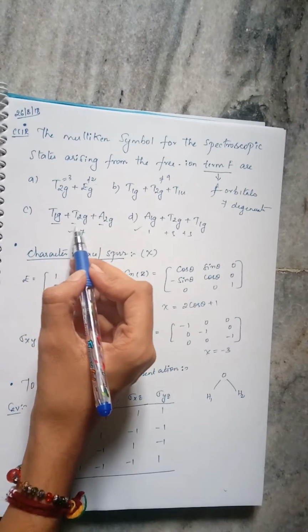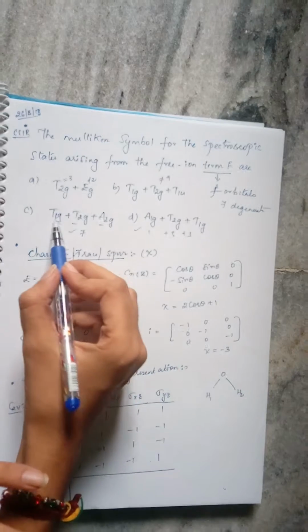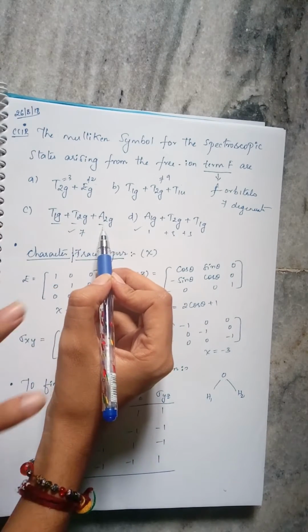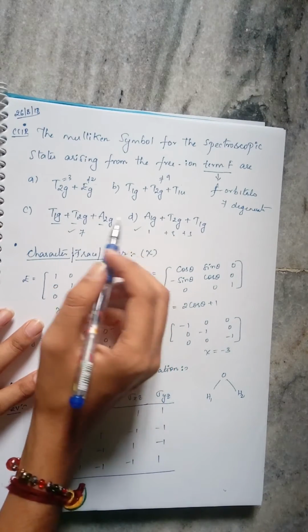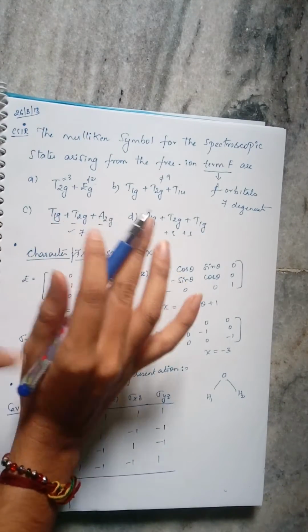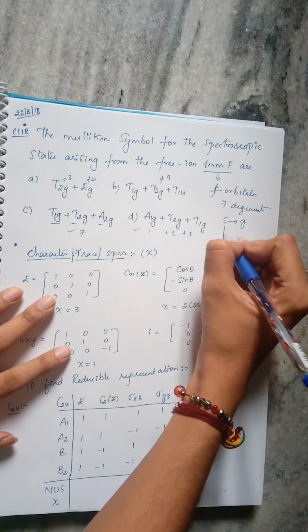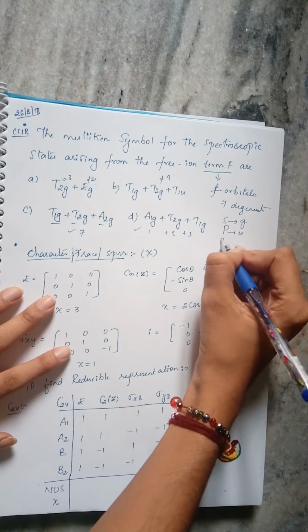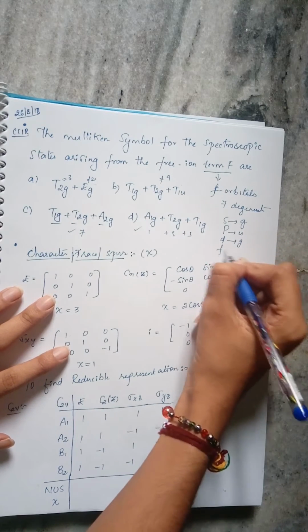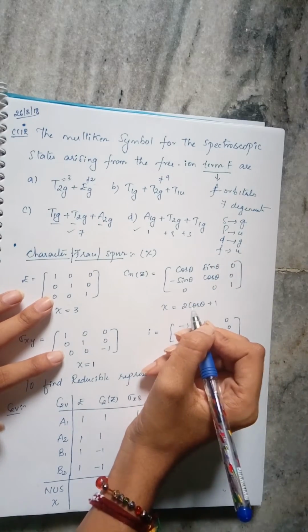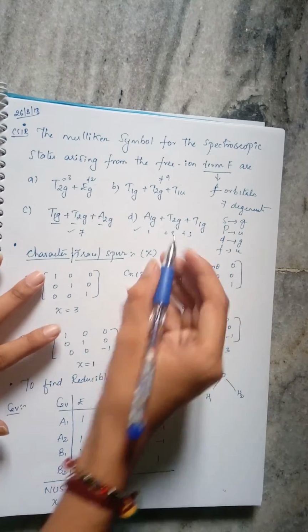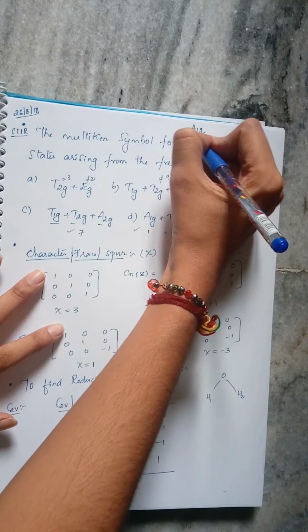Most of the students just mug up that for the F term, T1g plus T2g plus A2g are the states. So how can you remember this? As we know, S orbital is symmetric, so it is gerade, P orbital is ungerade, D orbital is gerade, F orbital is ungerade, right? And we know that A1g is a totally symmetric term.